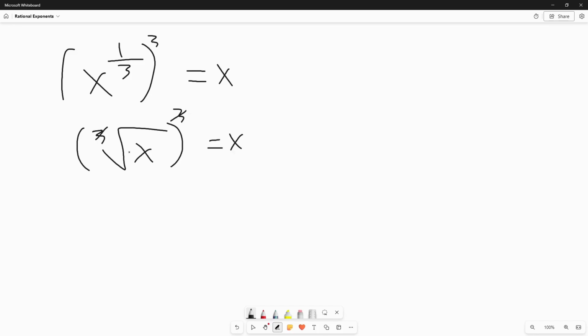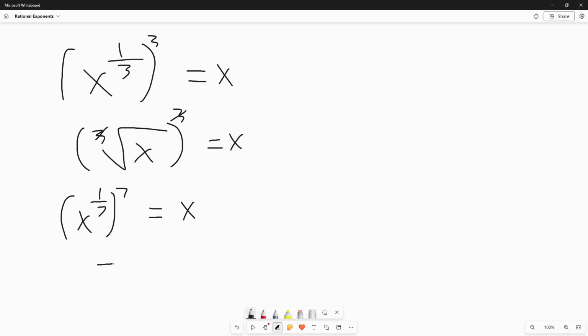So what this means is that x to the power of 1 over 3 is equivalent to the third root of x. And this works for every single rational exponent where the numerator is 1. For example, if we have x to the power of 1 over 7 and raise it to the power of 7, we get x because 1 over 7 times 7 is 1.